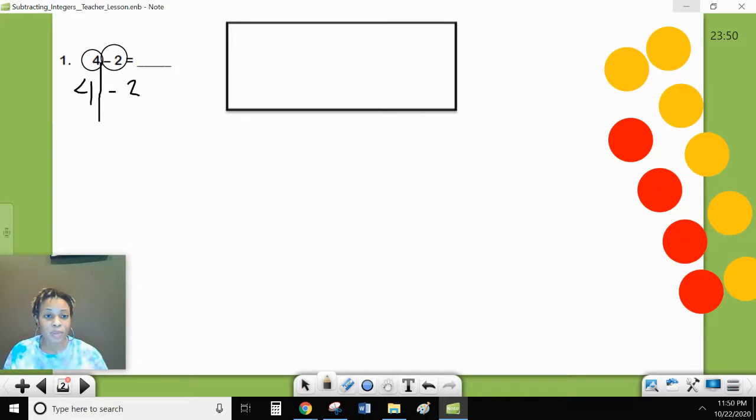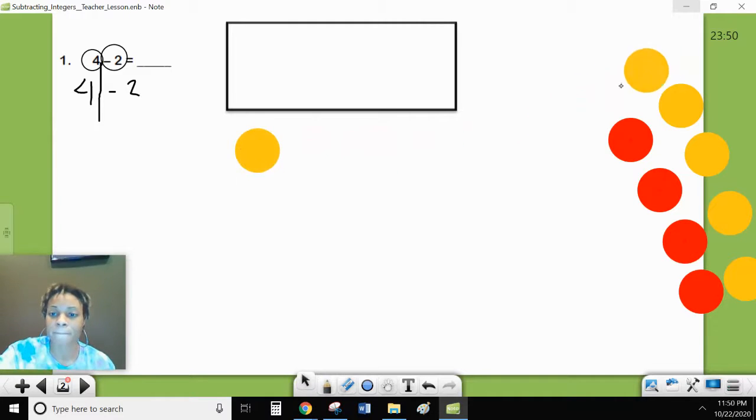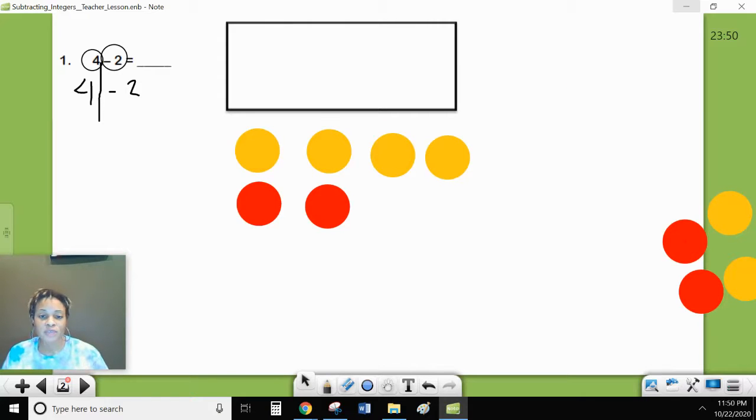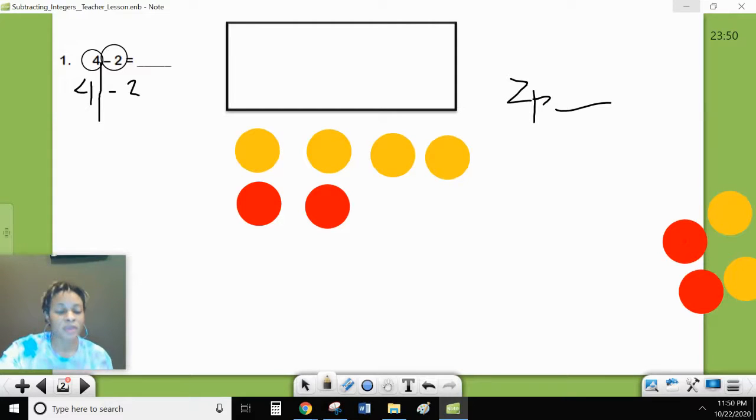So what am I going to bring out to the mat? I'm going to bring out 4 positives and then I'm going to bring out 2 negatives. Okay? 4 positives and 2 negatives. The next step is how many ZPs do we have? How many zero pairs do you see?